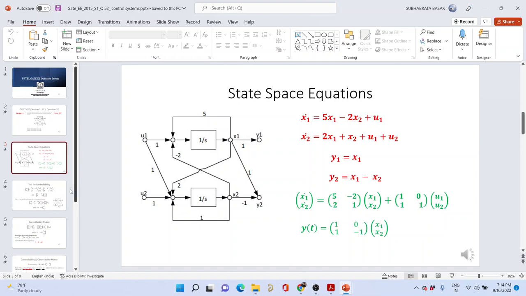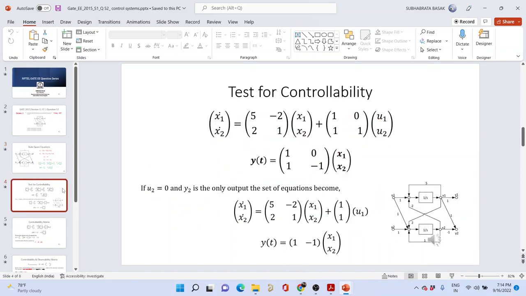Now just like Navkirti has thought, or anybody else would have thought, let us see whether our intuition is correct or not. So what I have done is I have taken y2 as my output and u2 I have put 0, that is I have considered u1 as my input, and I've written the set of equations. So in that case, what would happen?